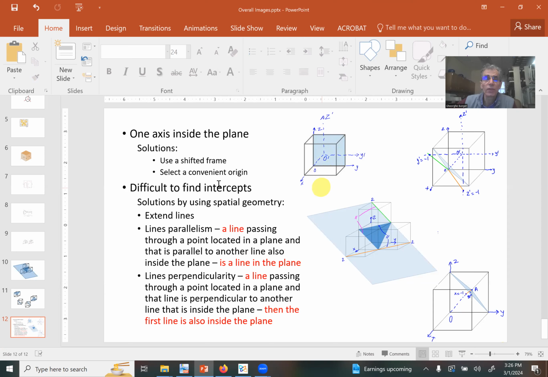Another convenient way is to select a different origin. And of course, it will be a different plane, in case the frame is not provided to you, which is the case of our problem here. I could have selected the origin right in this corner, and this would be my x-axis. I want a right-handed frame, so here will be my y-axis, and that will be my z-axis.